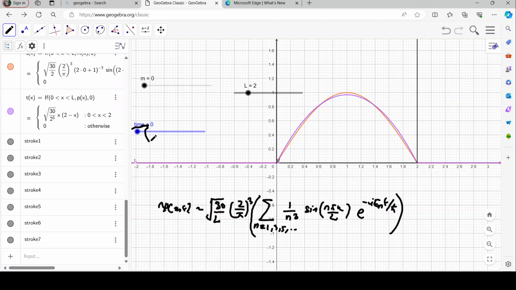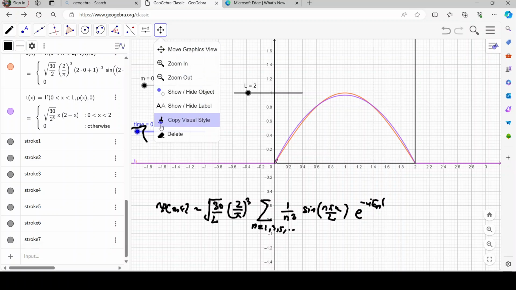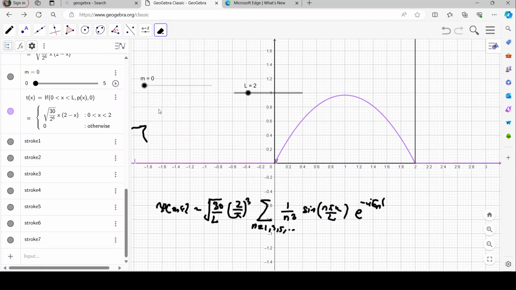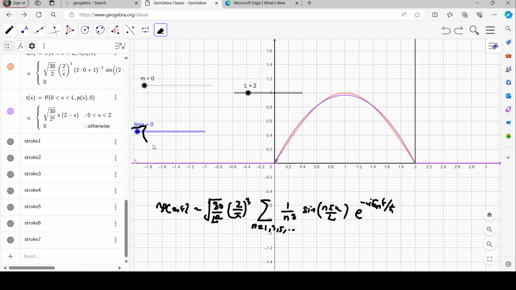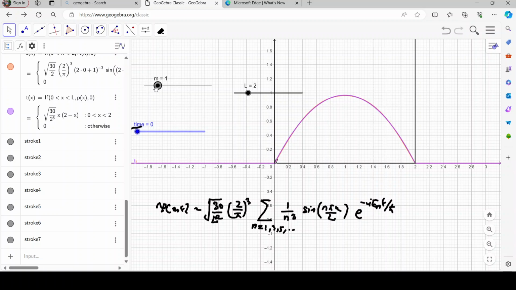So remember, here time t I put as 0. Now if you add one more term, then by adding the number of terms, it will become more correct. It will exactly match the wave function at psi of x, 0. Now this is at time t equal to 0.